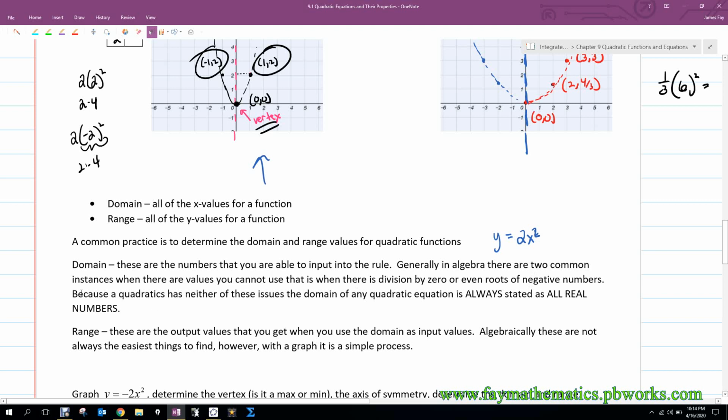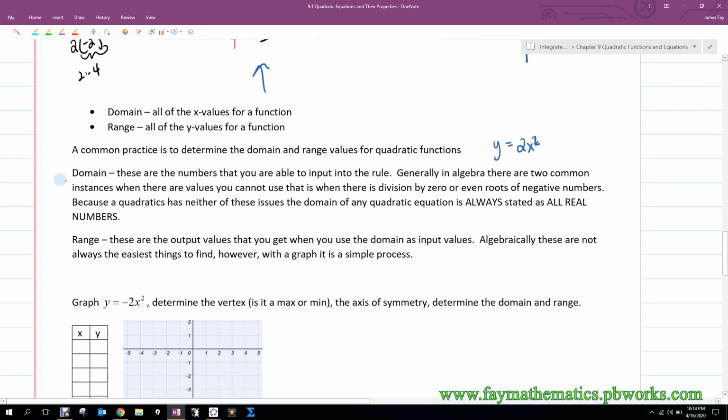So because all quadratics have neither of these issues, the domain of any quadratic equation is always stated as all real numbers. There's a couple ways that you'll see this written. For domain, I think on MyMathLab there's going to be an option for domain, and one of the bubbles will say all reals or all real numbers, something like that, and you'll just click that bubble.